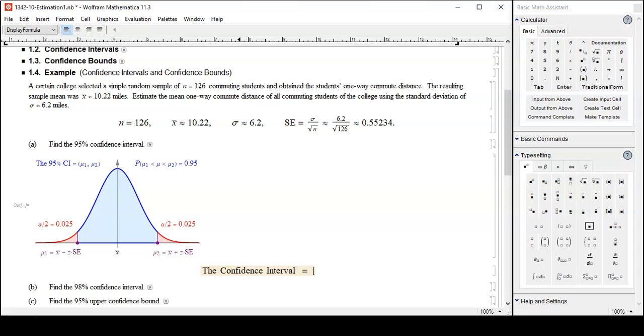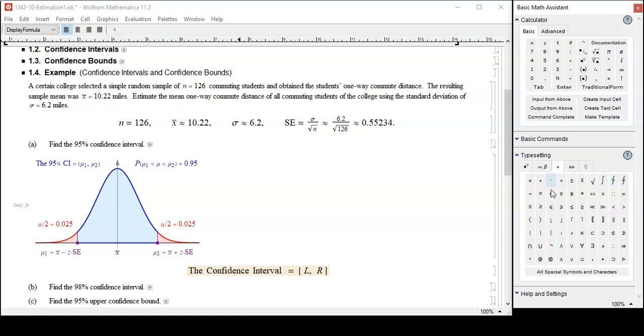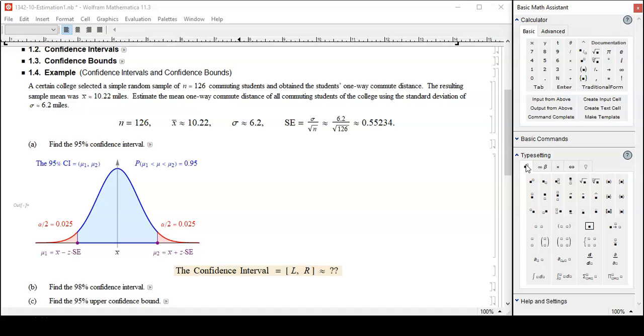That is the left-hand side endpoint and the right-hand side endpoint. And that's the structure of the problem. Make sense? What you want is the left-hand side endpoint and the right-hand side endpoint.